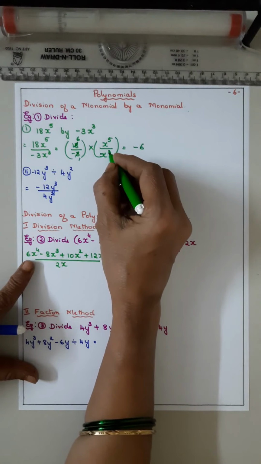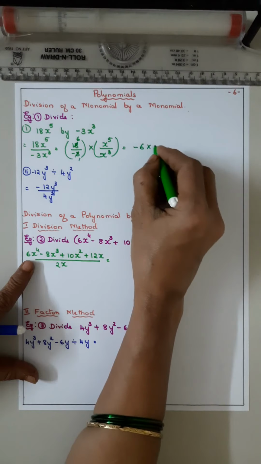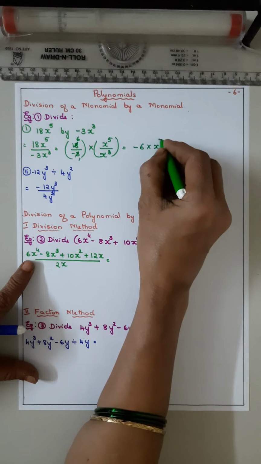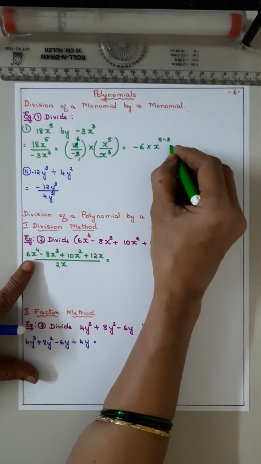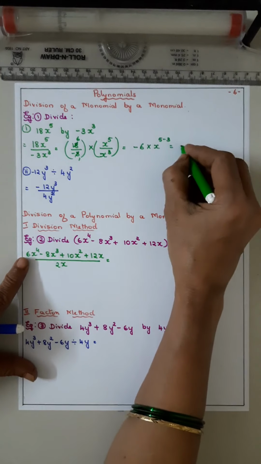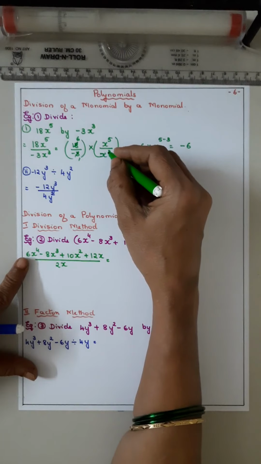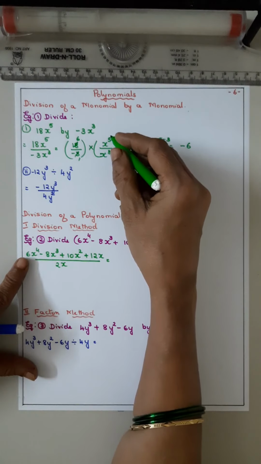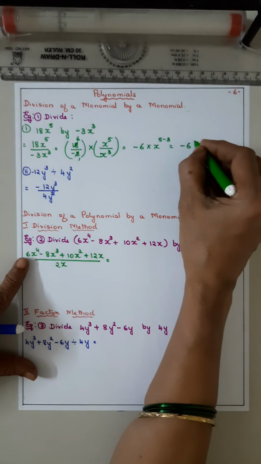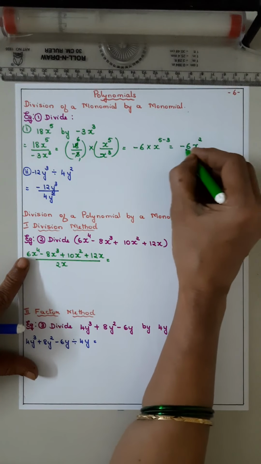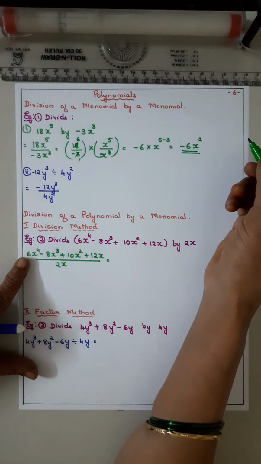Then here x to the power 5 minus 3. Remember the rule? Whenever it is division and the bases are the same, you have to subtract the powers. So it becomes minus 6x to the power 2.